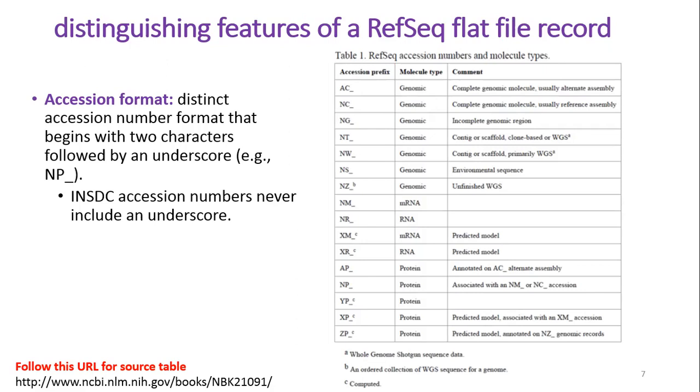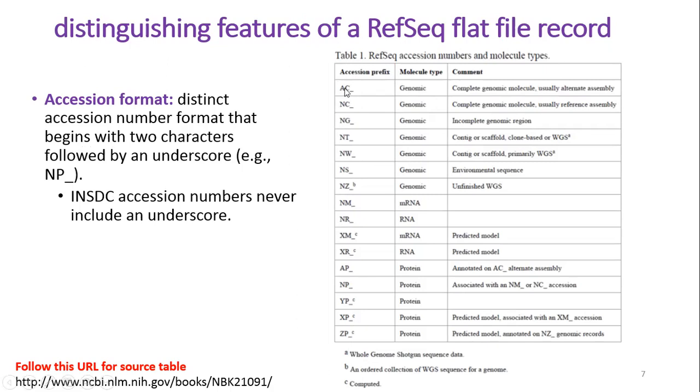The first and foremost distinguishing feature of a reference sequence flat file record is its accession format. You have a very distinct accession number format that begins with 2 characters, and it is usually followed by an underscore. For example, in the table that you see over here, the accession numbers given begin with accession prefixes which are listed here, as you can see.